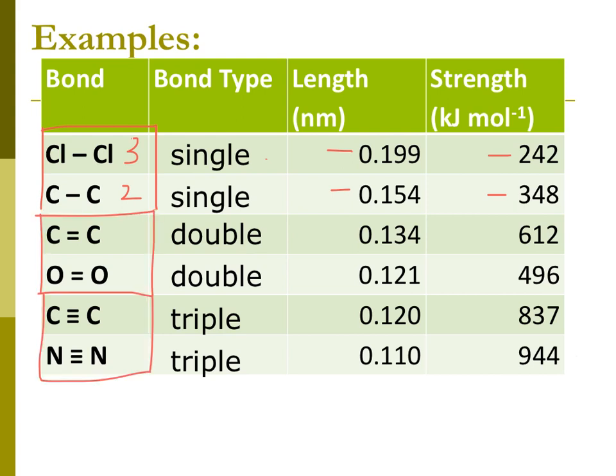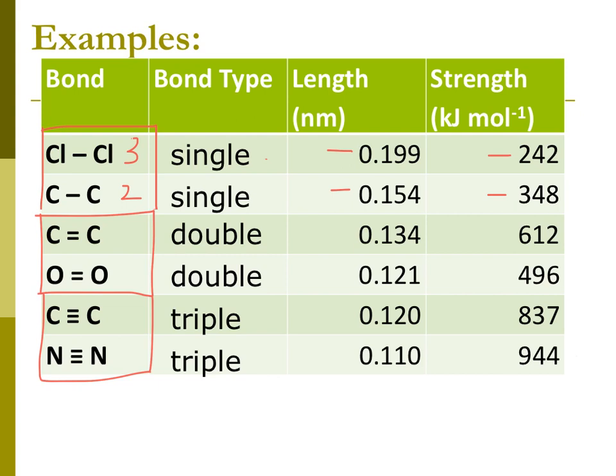Let's compare our double bonds to each other or our triple bonds to each other to see what happens when the atoms are in the same row of the periodic table. Carbon, oxygen, and nitrogen are all found in the second row of the periodic table. They all have a valence shell in the second energy level. So what matters now is the attractive forces.